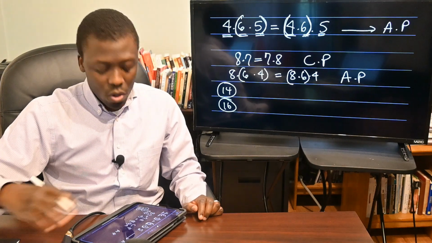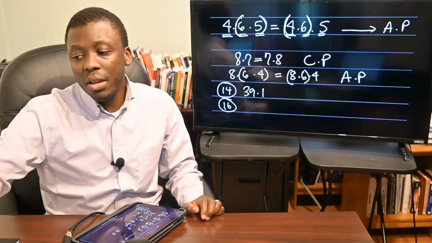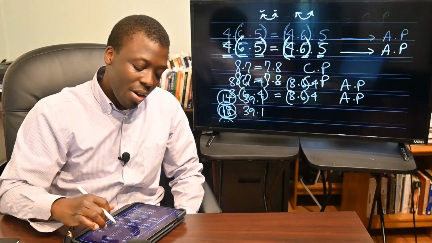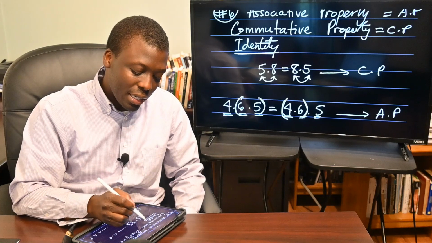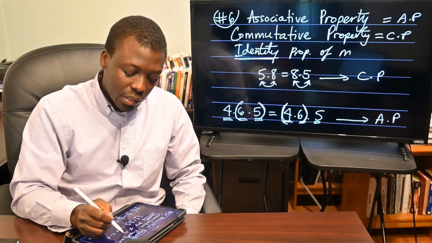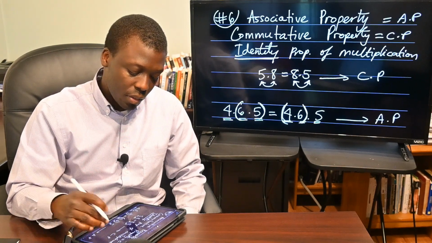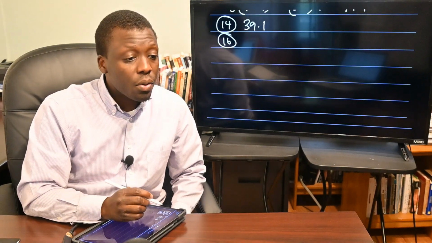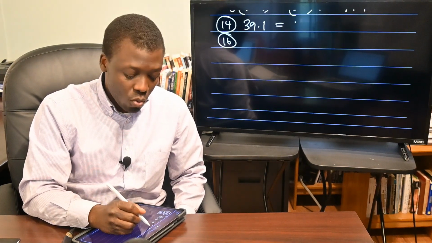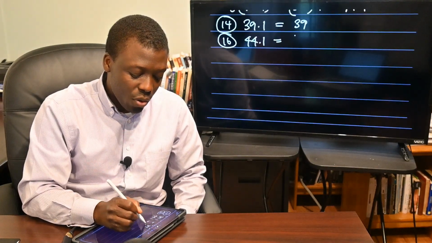Number 14, what do you do when they ask you 39 times 1? We are looking at one of the properties I mentioned earlier. I'm just calling it the identity property of multiplication. For number 14, we have 39 times 1 is 39, and for number 16, 44 times 1 is 44.